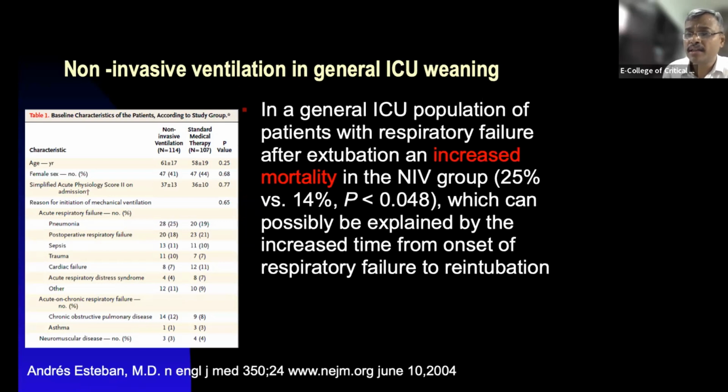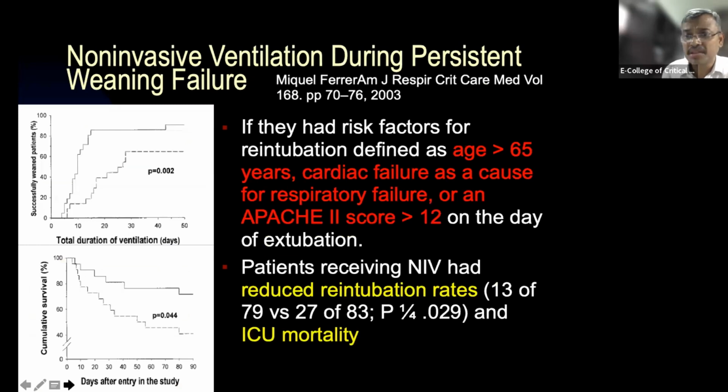Can I wean and extubate to NIV? If you want to use non-invasive ventilation, there are three criteria. One is COPD. Definitely you can use it, and legally you are right if you use NIV in COPD patients. That is the standard of care. These criteria were mentioned earlier, but still hold good and we are still practicing them.